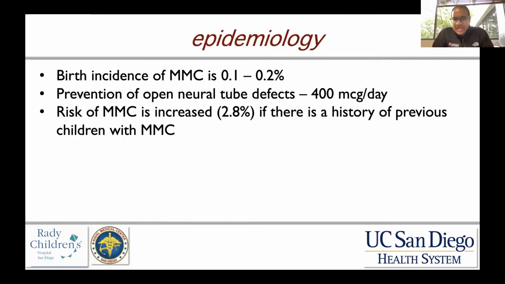The recommended daily allowance for women of childbearing age is 400 micrograms per day. It should be noted, and is definitely something to think about in counseling, that the risk of myelomeningocele is increased to almost 3% if there's a history of a previous child born with an open myelomeningocele as well.